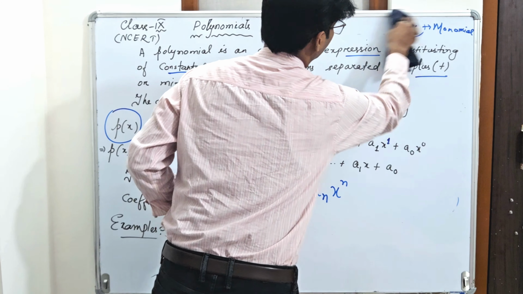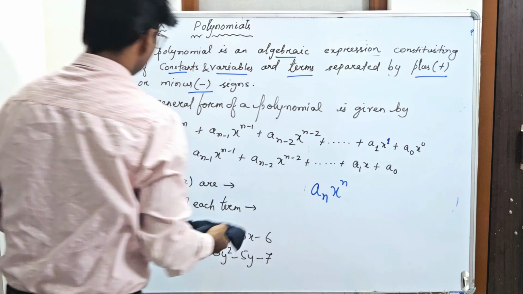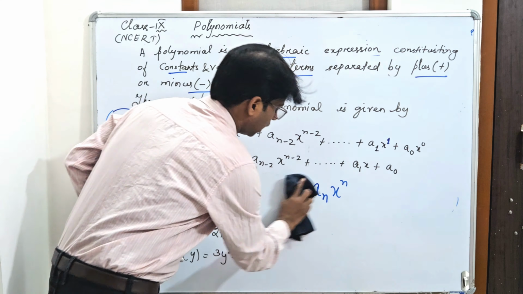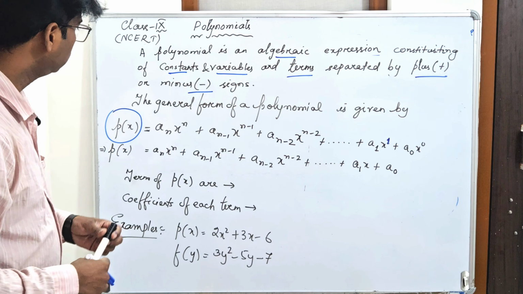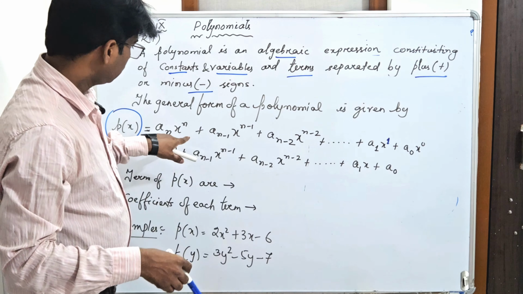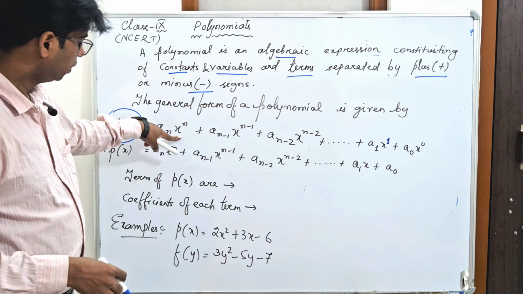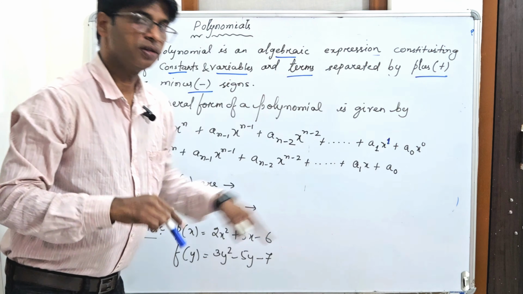So now go to the next topic. What do we mean by standard form of a polynomial? The standard form means writing the polynomial in such a way that the powers of the variables are what here? You can see x. Everywhere you find x, that is a variable.